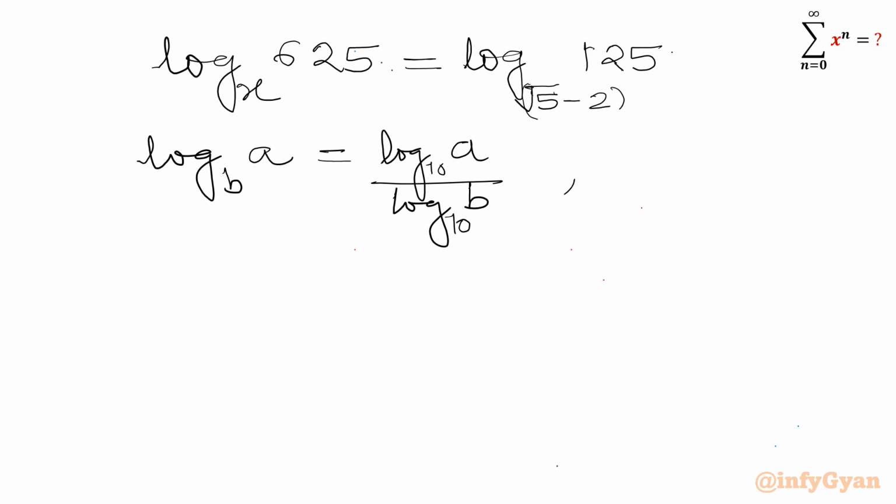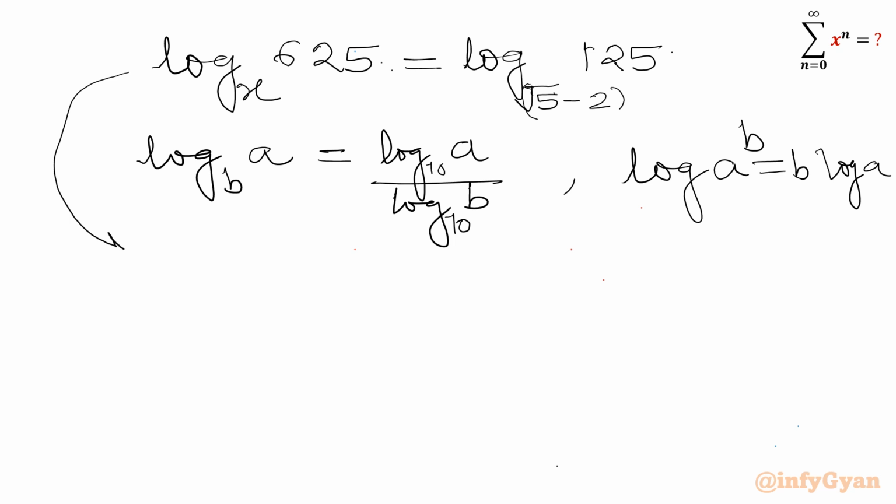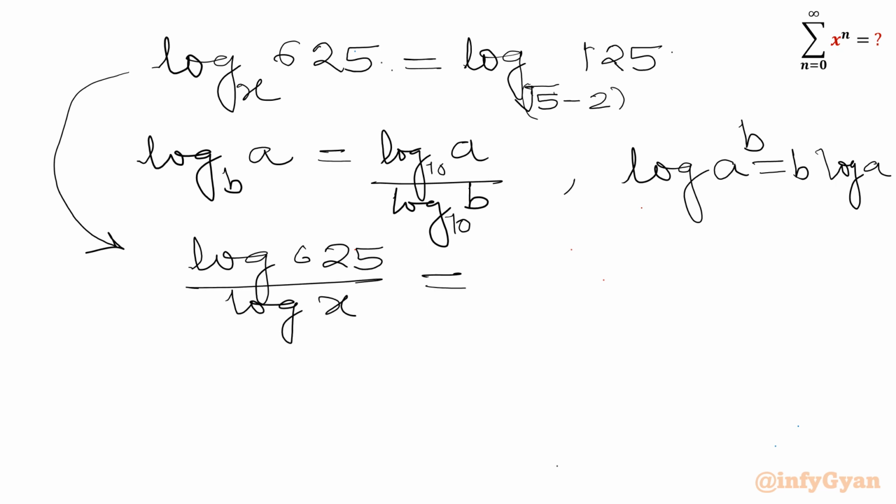And I will use another property, log a power b will be equal to b log a. So I can write my equation as log 625 over log x, base 10, equal to log 125 over log root 5 minus 2.